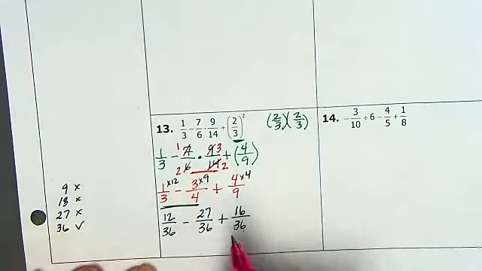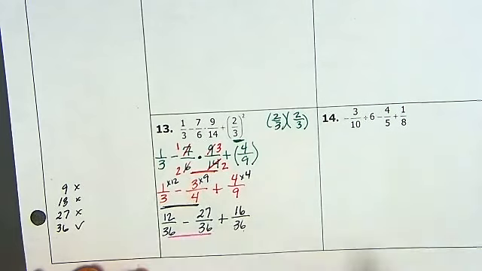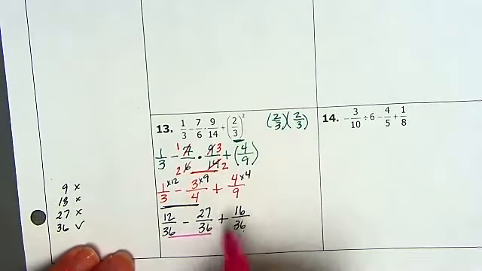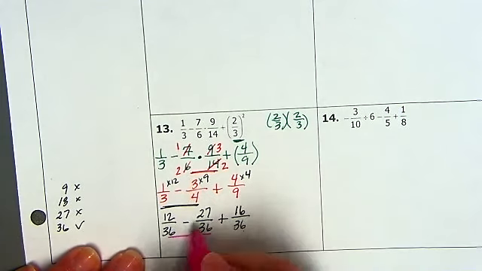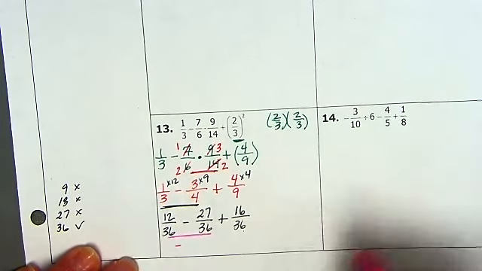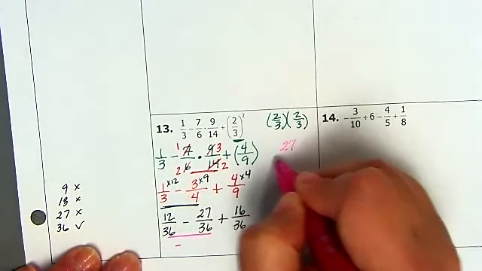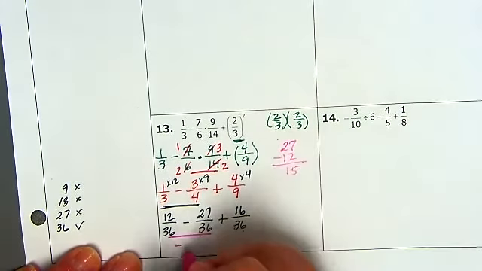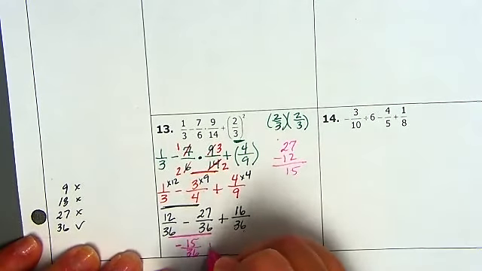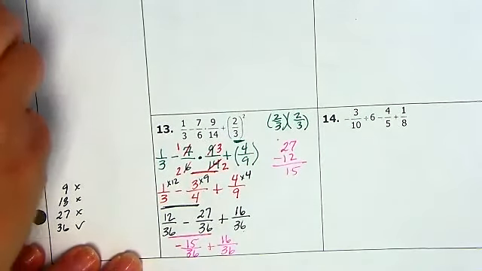Okay, so now order of operations. Do my subtraction, follow my integer rules. So this is 2 different signs, positive, negative. So therefore I'm going to have a negative, and then I'm going to have 27 minus 12, so that's 15, so that's a negative 15 over 36 plus 16 over 36.